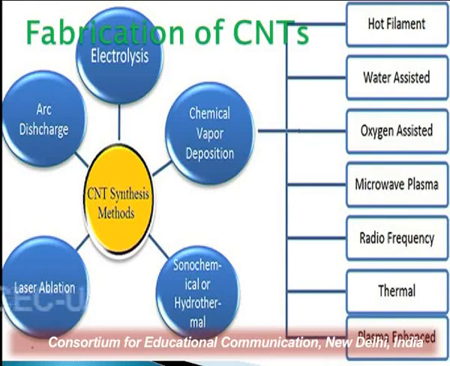Chemical vapor deposition is also used to synthesize carbon nanotubes, which includes hot filament, water assisted, oxygen assisted, microwave, radio frequency, thermal and plasma enhanced. These are all used in chemical vapor deposition.